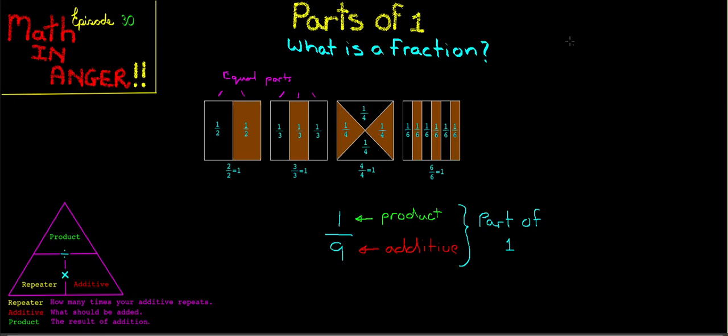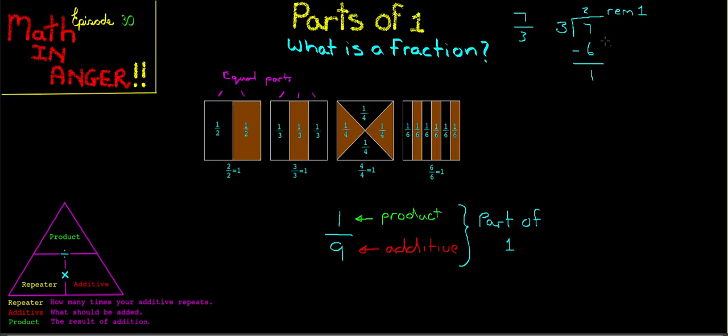Take a look at what happens to something like 7 over 3. Let's say we've got 7 parts of something that was broken into 3. So how many times can I add 3 to itself before I get something greater than 7? 2. That is 6. 1 remains. So your remainder is 1.